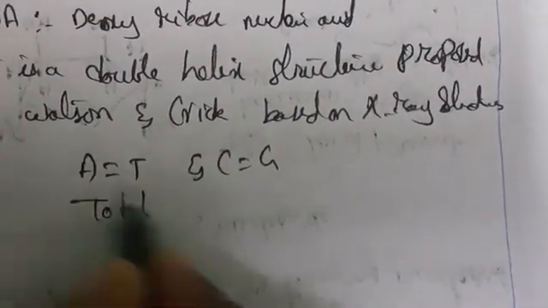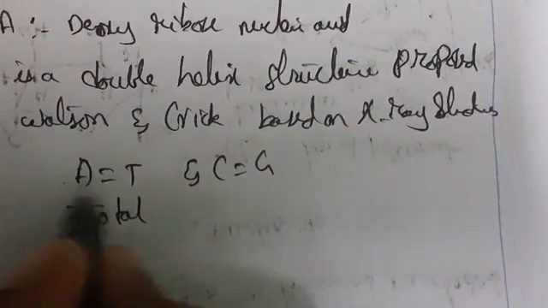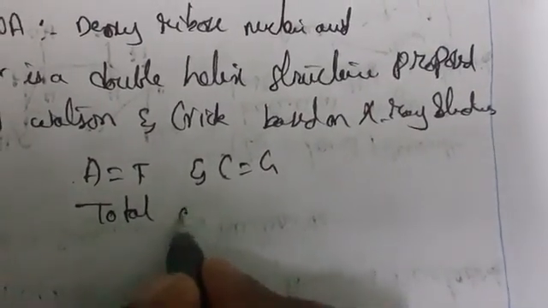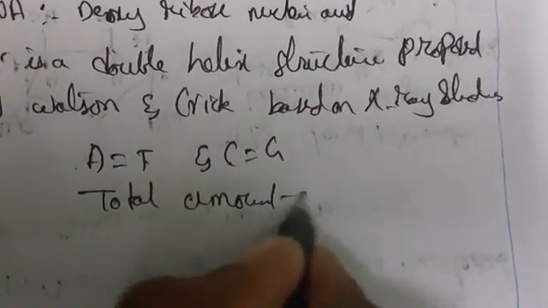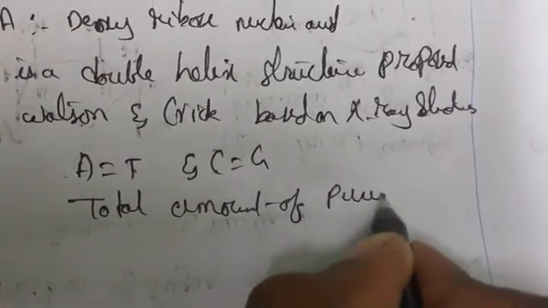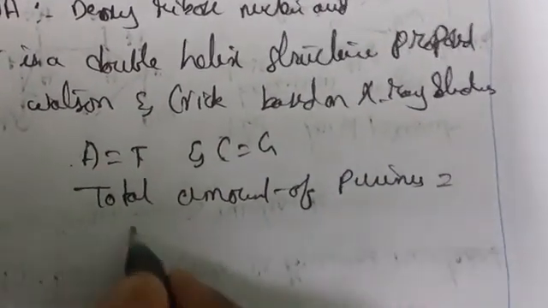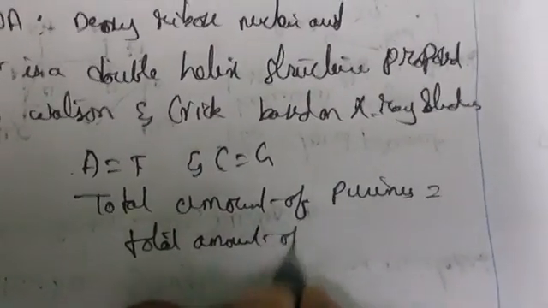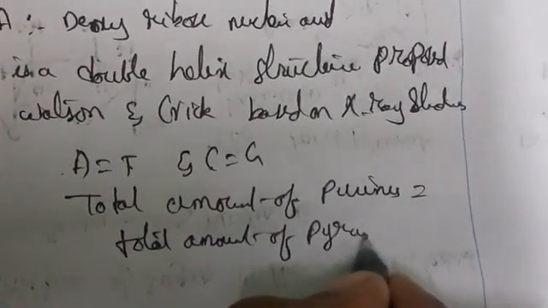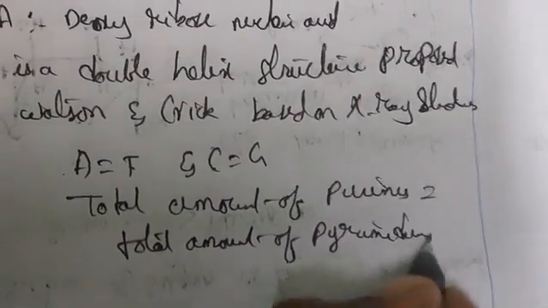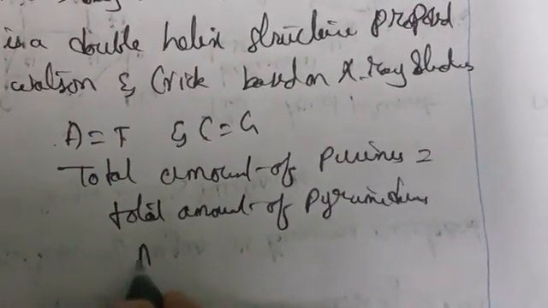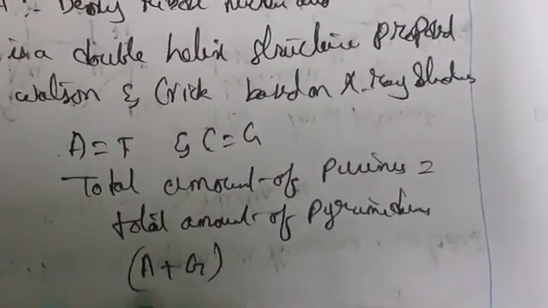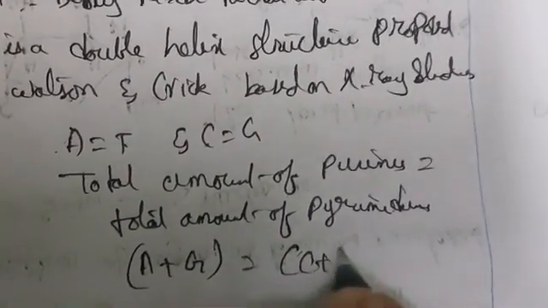These two are purines, these two are pyrimidines. In the previous class you saw the structures of purine and pyrimidine. So purine A plus G is equal to C plus T.